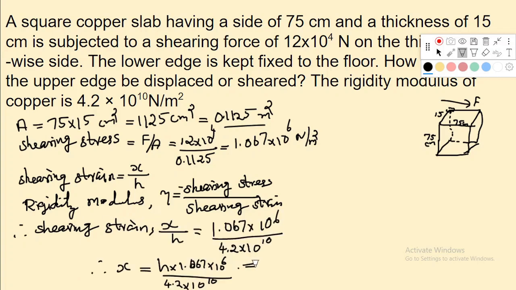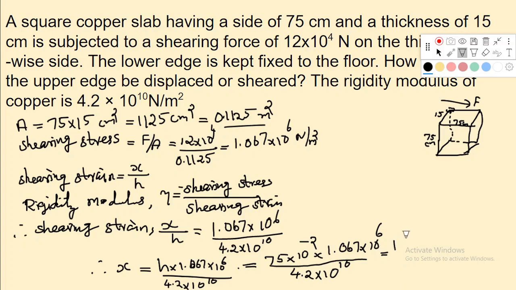Let us write h again. Here h is 75 centimeter, so let us convert into 0.75 or 75 into 10 raised to negative 2.